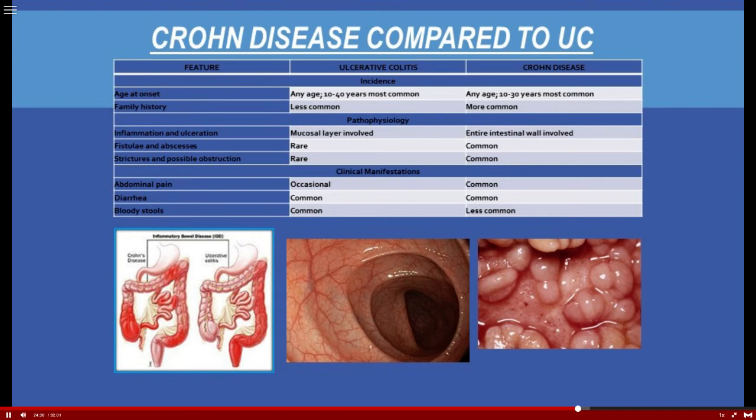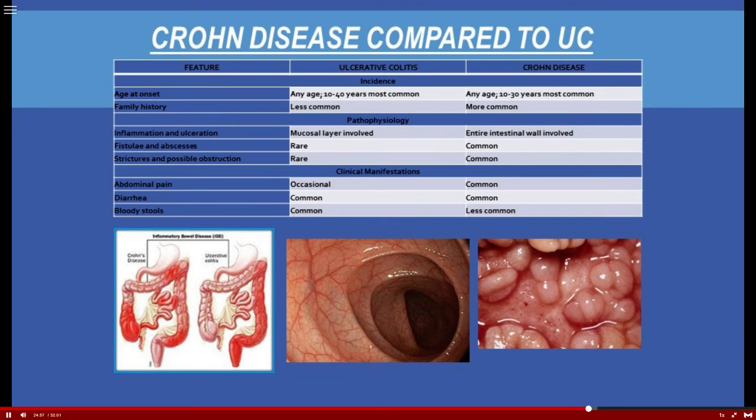Fistula and abscesses are rare, but with Crohn's disease, it's very common. The other thing about the lesions with Crohn's disease is that we call them skipped lesions, because Crohn's disease can affect the entire GI tract versus ulcerative colitis pretty well just stays in that sigmoid colon and the rectum.